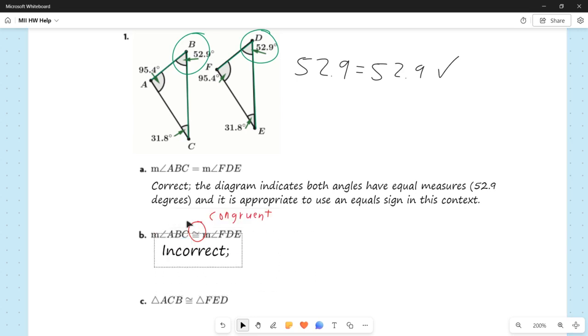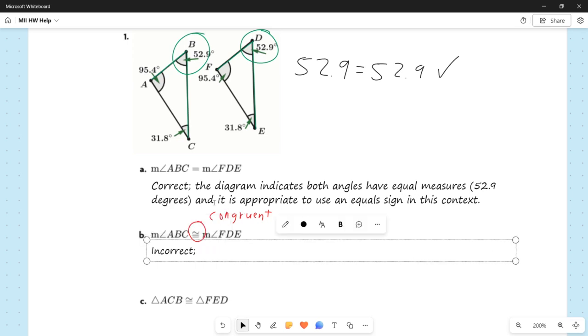So this statement is incorrect, even though it's obviously very similar to A, right? And A was correct. These two statements look almost identical. However, this is incorrect because while the angles are congruent, right?